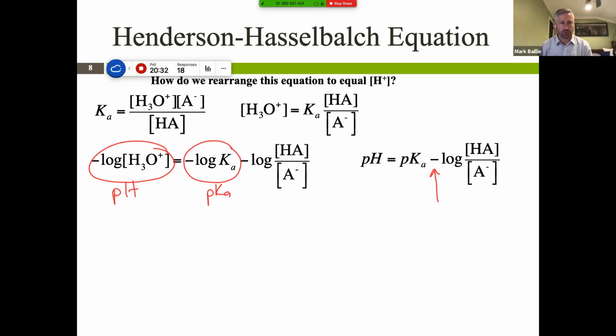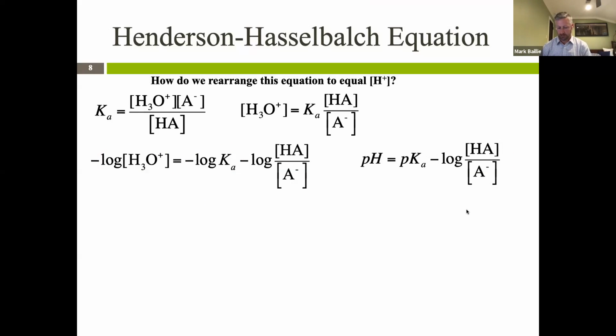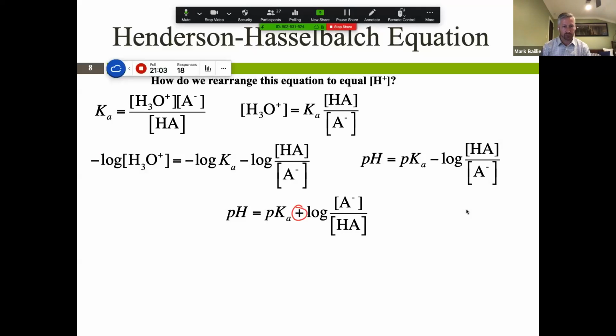They decided they wanted a plus sign here instead, so that when you change that from a minus to a plus, it flips that fraction. The Henderson-Hasselbalch equation itself is exactly what we had above, but there's a plus symbol now, and these two are on opposite sides because the negative sign inverts the fraction in the parentheses.